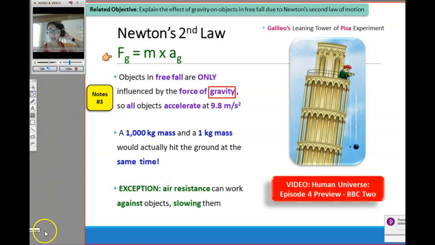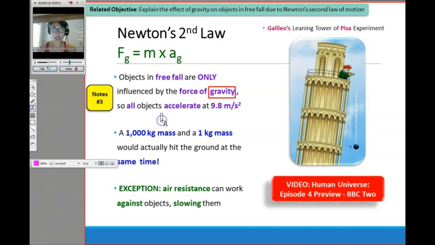So thinking about this, this means that all objects in free fall, meaning you just drop them, you don't throw them, you don't do anything, you just drop them, are actually only influenced by the force of gravity, and so all objects accelerate at 9.8 meters per second squared. So that means that all objects speed up at the same rate, okay?